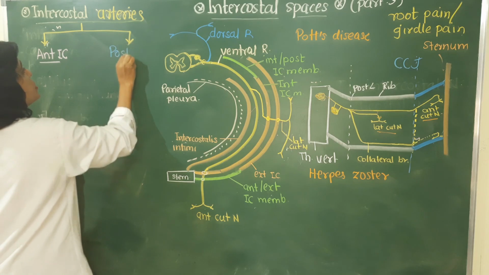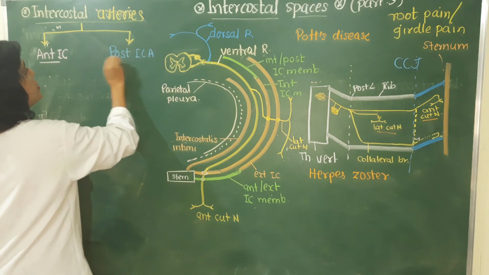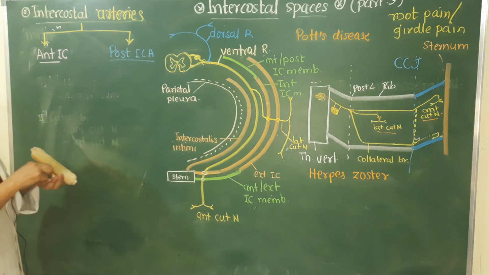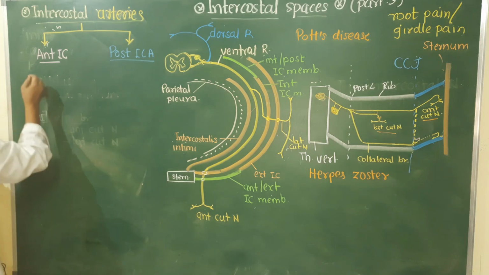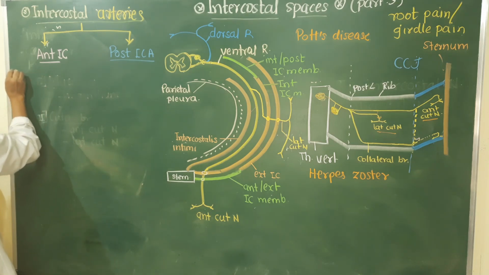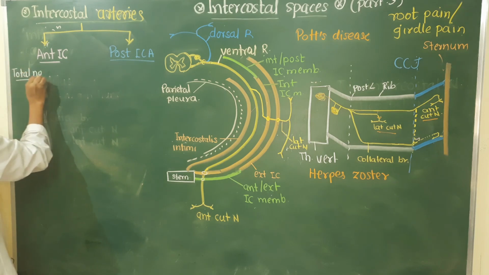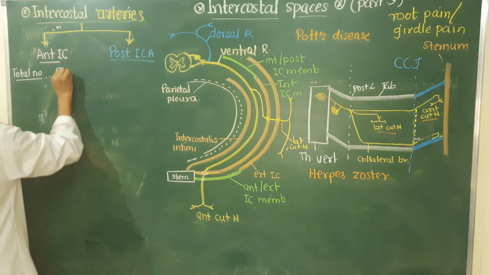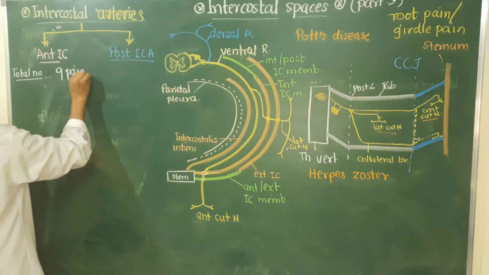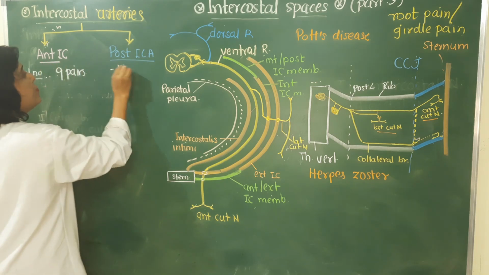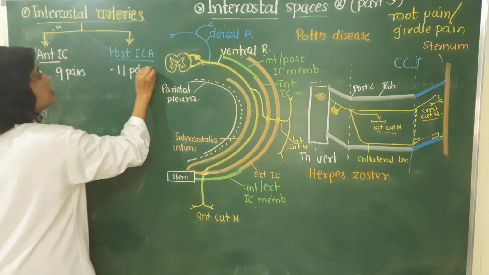If you see here, the anterior intercostal arteries, how many are present in total? So actually there are 9 pairs of the anterior intercostal and 11 pairs of the posterior intercostal arteries.